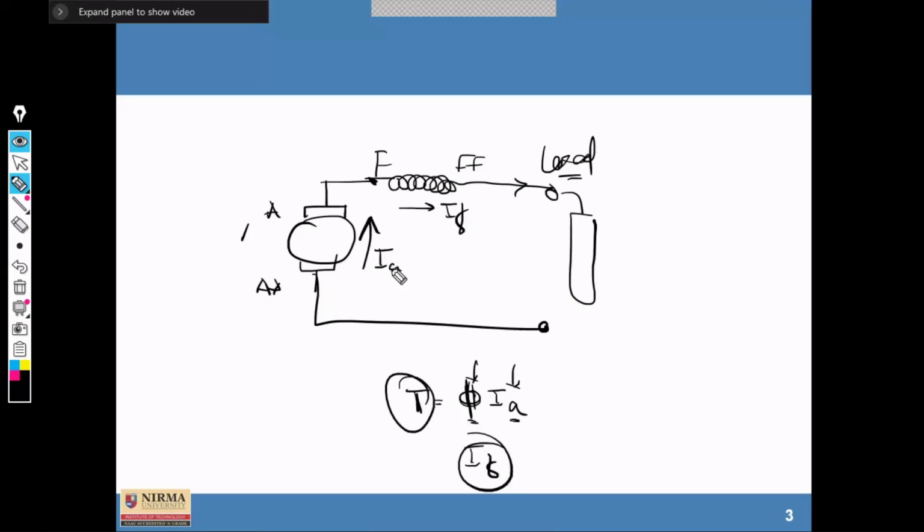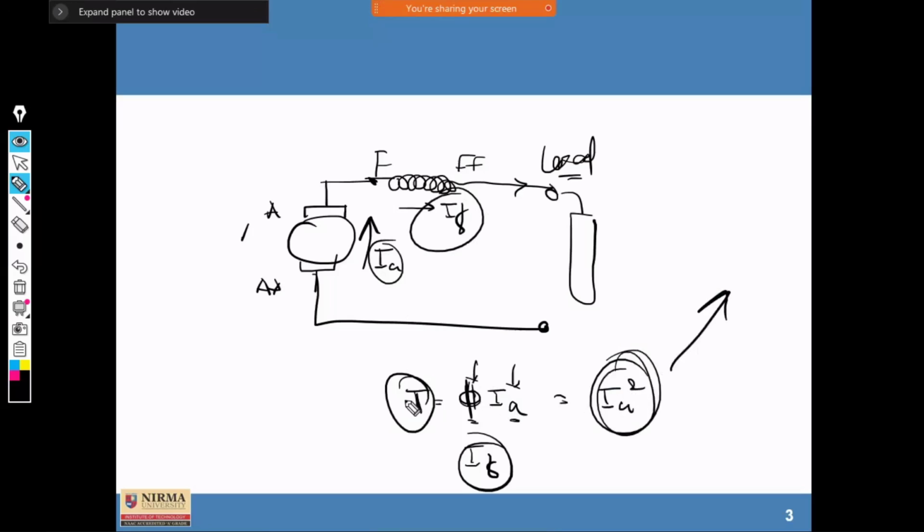So the torque which is produced, phi is from IF, and this is IA. So can we write IA square here, because this current and this current are similar. So torque is proportional to the square of the current in case of a series motor. So if the current is more, the torque is more.